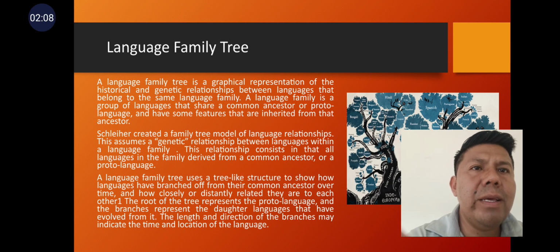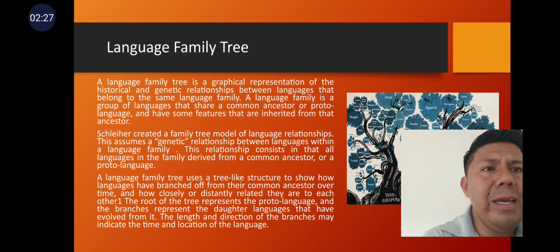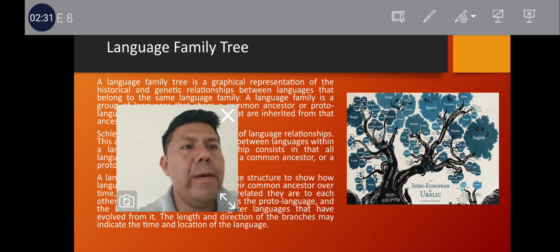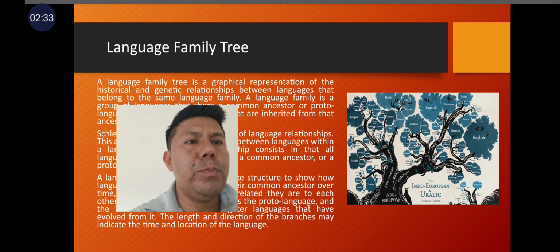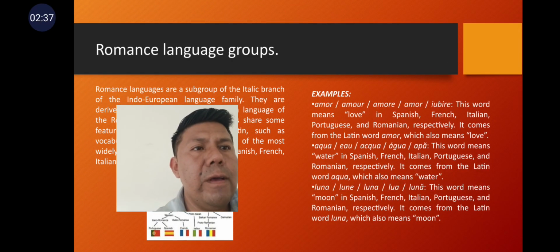A language family tree is a graphical representation of the historical and genetic relationship between languages that belong to the same language family. A language family is a group of languages that share a common ancestral or proto-language and have some features that are inherited from that ancestor.